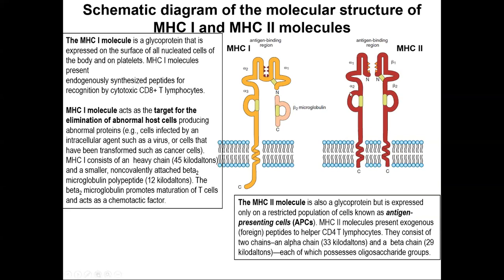These are the differences between major histocompatibility complex 1, typical for most cells of the body, and major histocompatibility complex 2, typical for only immunocompetent cells.